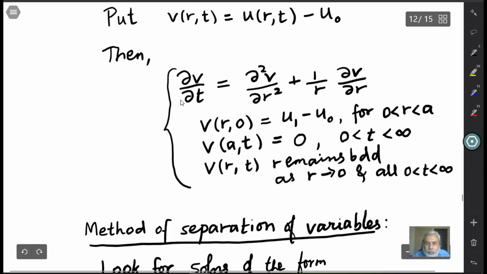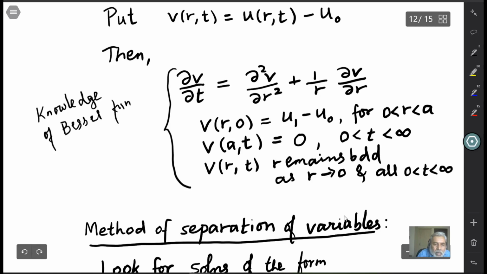We are going to use the method of separation of variables, and in the process we do require some knowledge of the Bessel function of order 0, which is usually denoted by J0.